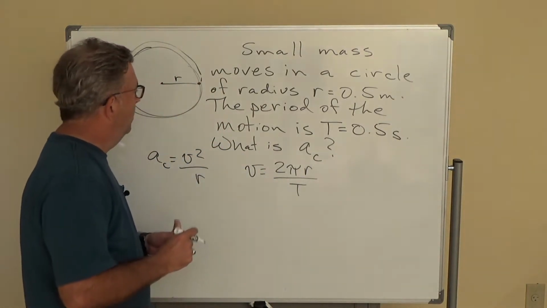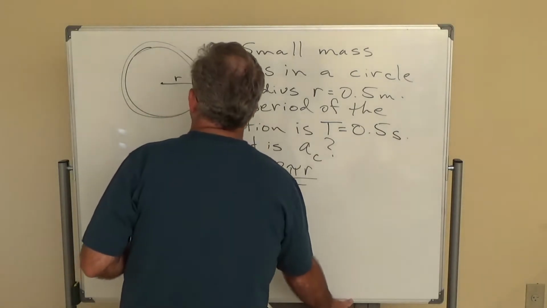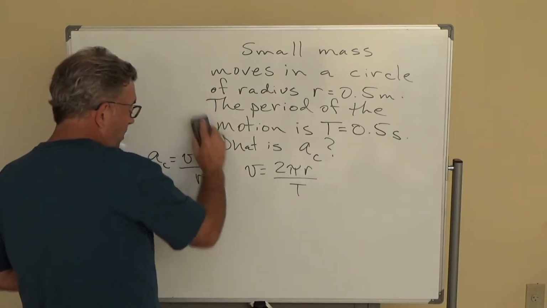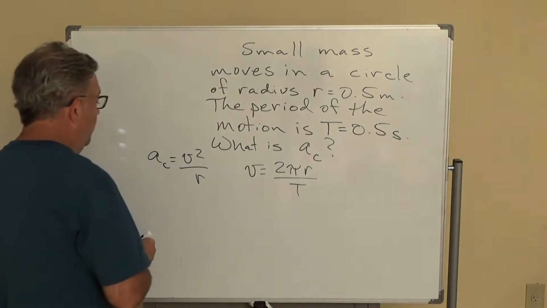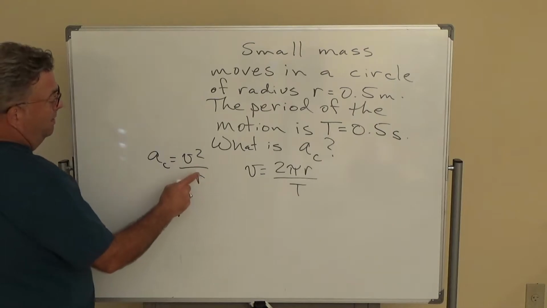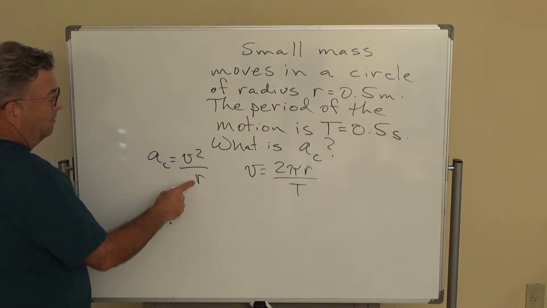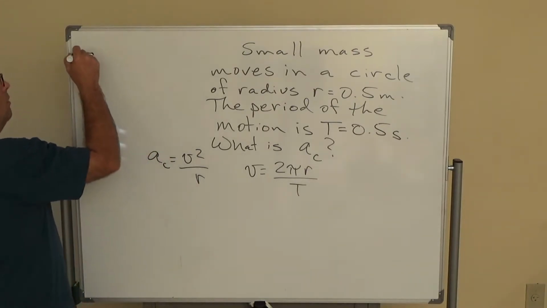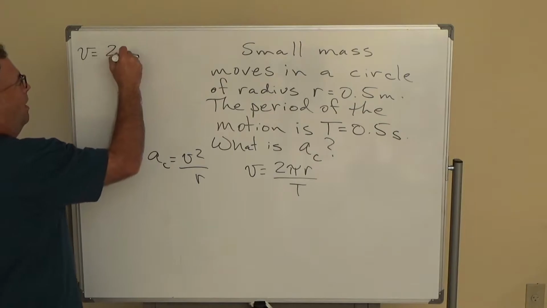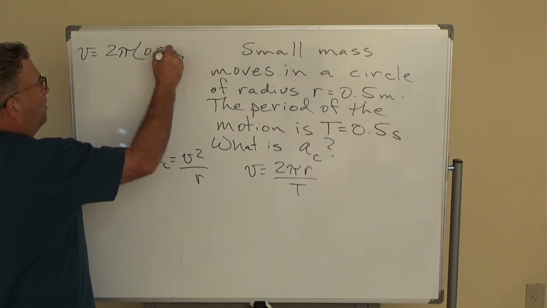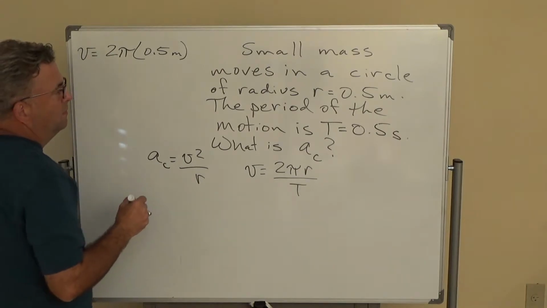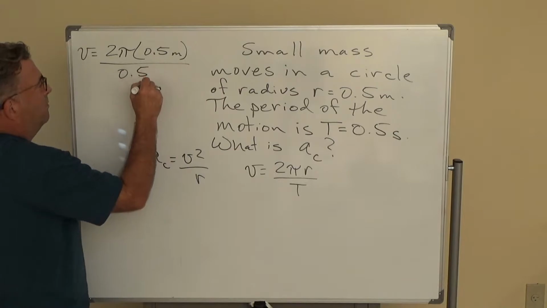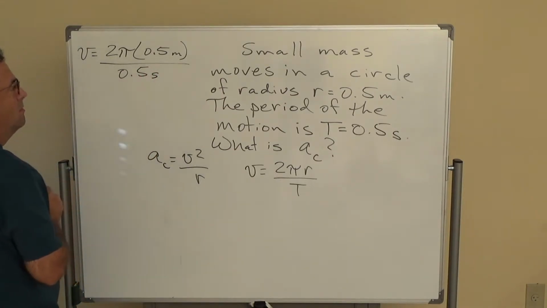Okay? So let me get rid of this blobby looking circle, and calculate v. Once I have v, I square v and divide by r. So v is equal to 2 pi times 0.5 meters divided by the period, which is 0.5 seconds.